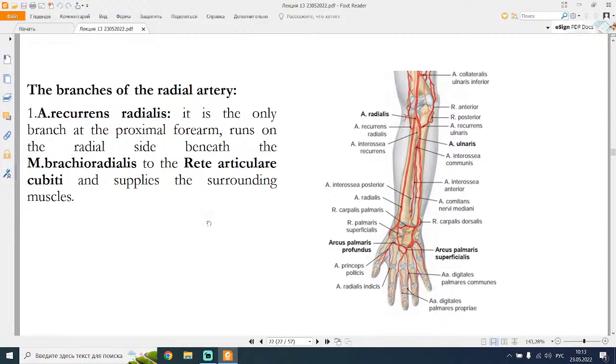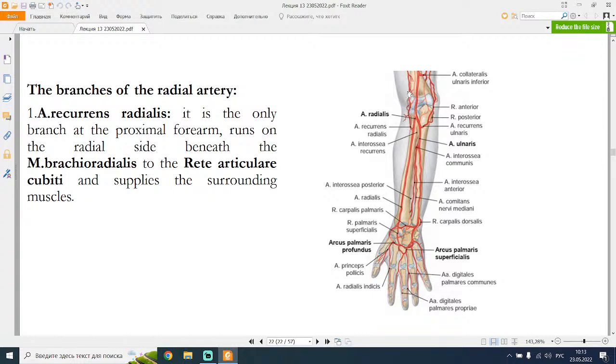Arteria radialis gives off the next branches. Arteria recurrens radialis is the only branch of the proximal forearm.